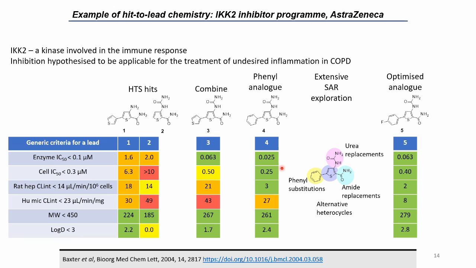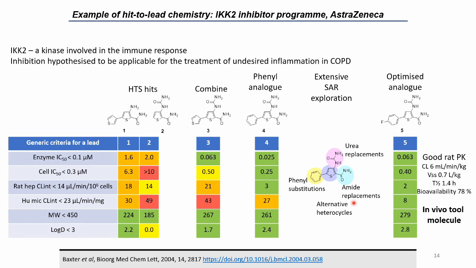And this led them to the optimized analog with a parafluoro, still very good enzyme potency, cell potency much the same as the phenyl, but significantly improved metabolism and still low molecular weight and reasonable log D, meeting the criteria, and thus enabled the project to go into lead optimization.